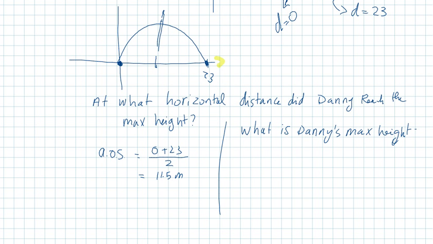So the height is negative 0.05 d squared plus 1.15 d. Is that right? It should be 6.6 meters.